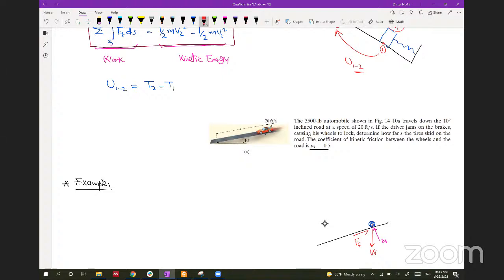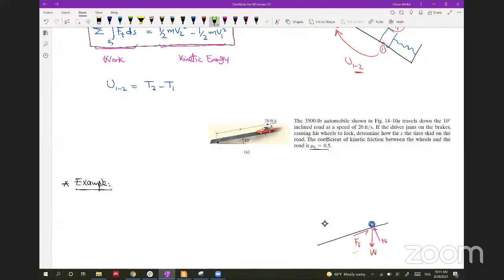So which of these forces exert work? Tony, do you know? Does anybody know? Yes. Part of the weight, and the whole friction force will exert work.